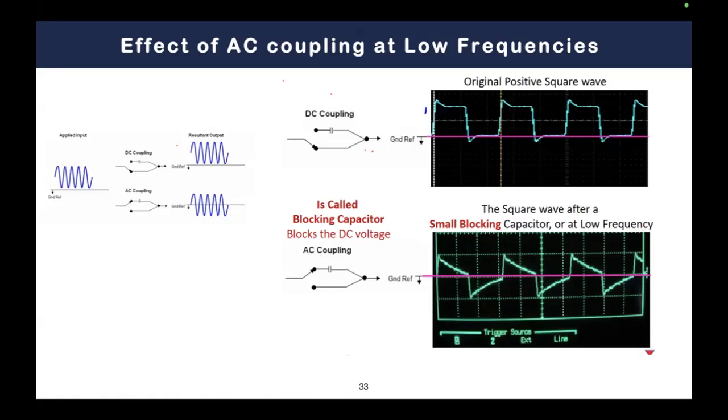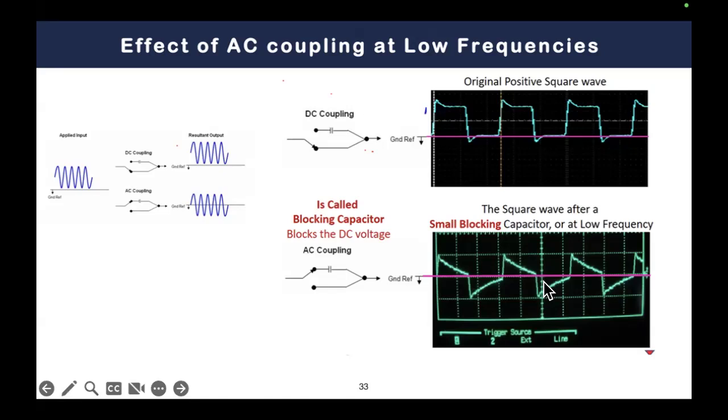And maybe you can ask me the question, why did you choose a square wave for this example? Simply to maximize the effect. Because as you know, the square wave includes sharp edges. Using our communication knowledge, or our Fourier transform knowledge, we know that sharp edges are equivalent to high frequency components. So whenever we have high frequency components and a capacitor that behaves with a filtering effect as if it's a low pass filter, what we are going to see is something like that.